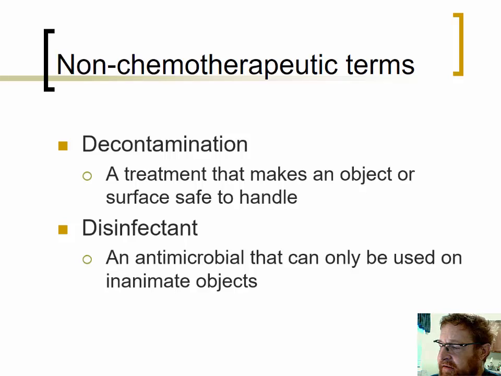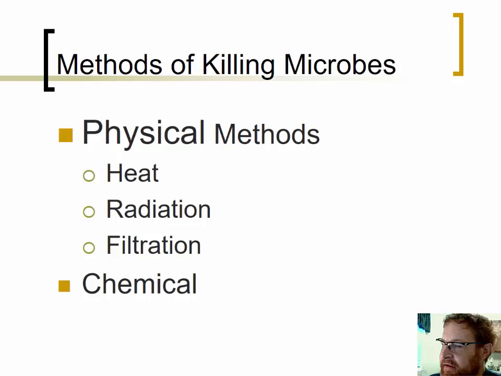A disinfectant is any antimicrobial that can only be used on inanimate objects. One of the disinfectants that we think about a lot may be bleach. Bleach wouldn't be something you'd want to use on your skin, but you can certainly use it on inanimate objects.